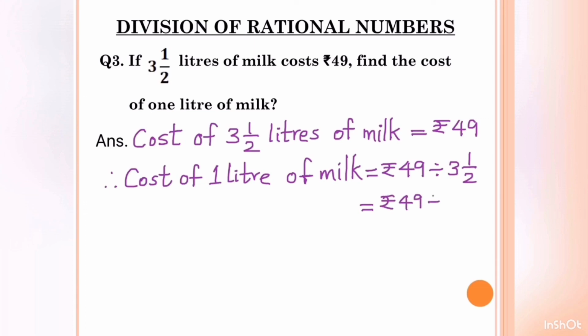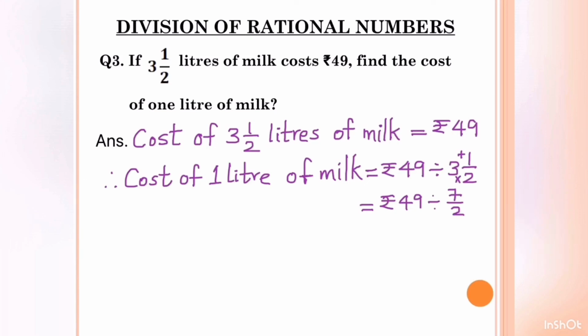This expression is equal to rupees 49 divided by, we will convert 3 1 by 2 into improper fraction. 2 times 3 is 6 plus 1 is 7. 7 by 2.